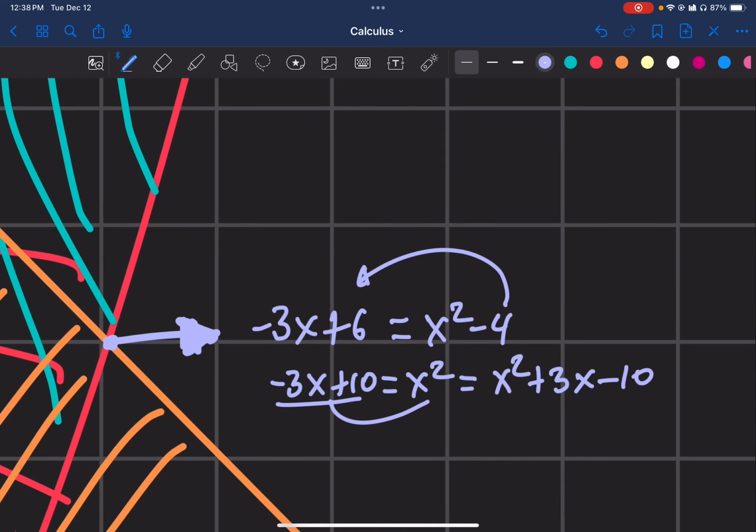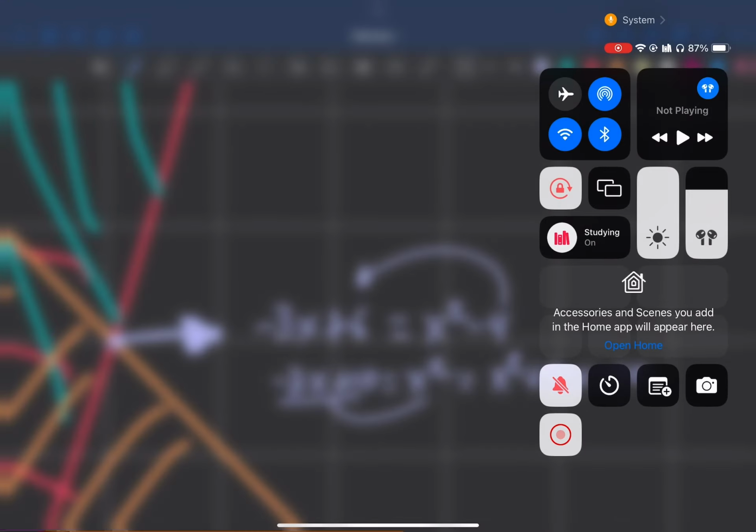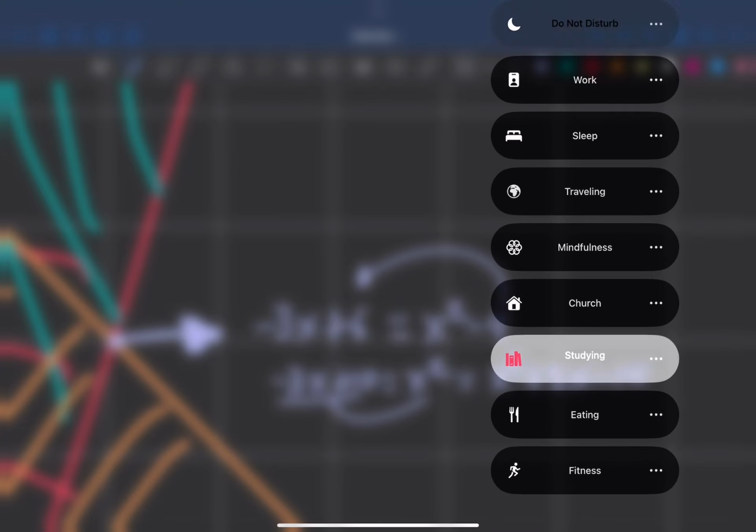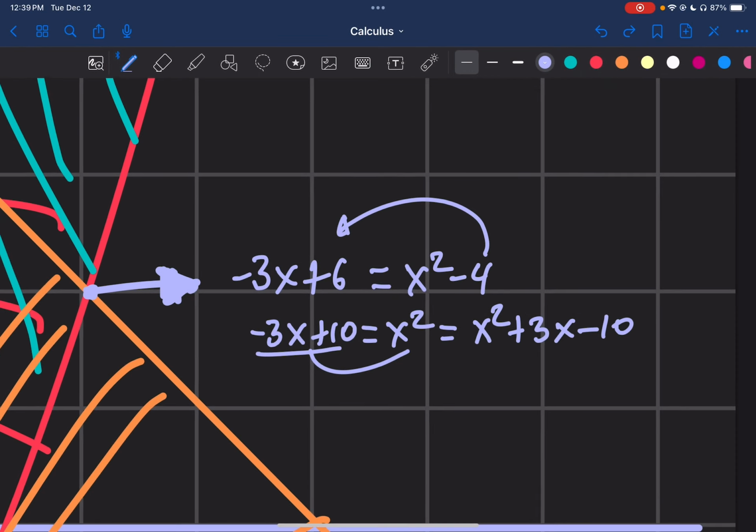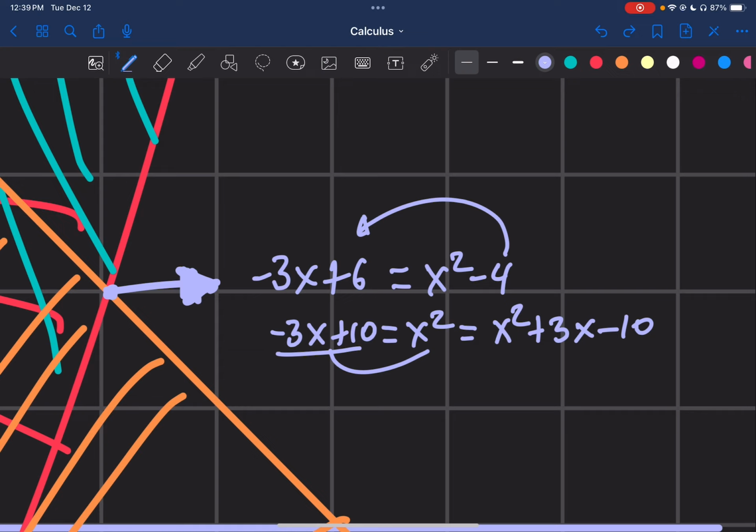Once again, I want to find numbers so that if I take negative 10 times 1, because the coefficient of x squared is 1, that will give me negative 10.